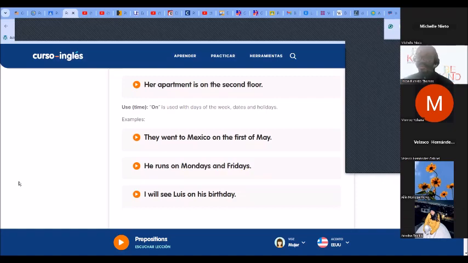Think of time with your calendar. What day is it? You can specify first of the month. You can specify Monday and Friday in the week. Or May 2nd, his birthday. You can specify. So on, more specific. At, the space, identifying, and on, specific point.